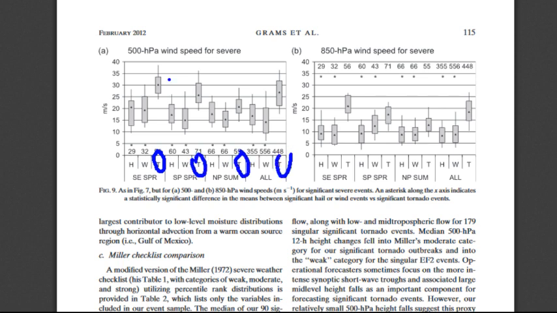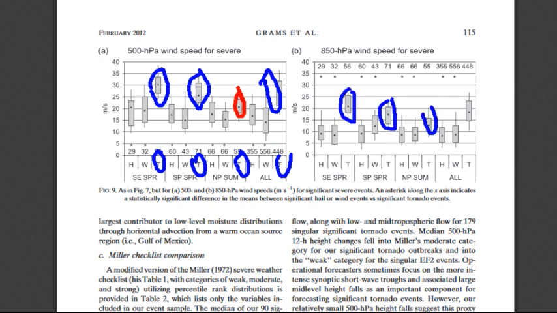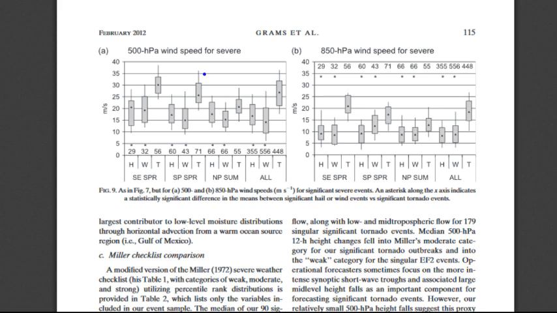They're all associated with strong 500 millibar winds. Not so much in the northern plains, but you can see that this really discriminates very strongly with the hail and wind events right here. So wind speed is probably a very good predictor there at 500 and 850.